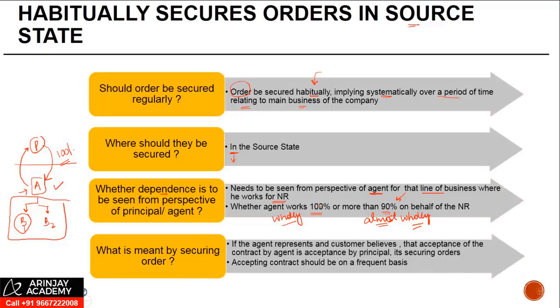So what is meant by securing orders? If the agent represents and the customer believes that the acceptance of the contract by the agent is acceptance by the principal, it is securing orders.